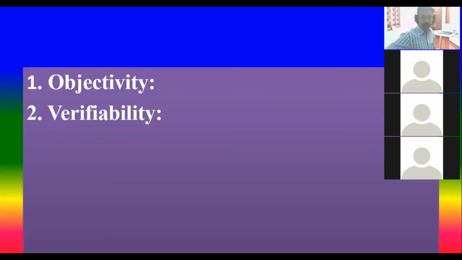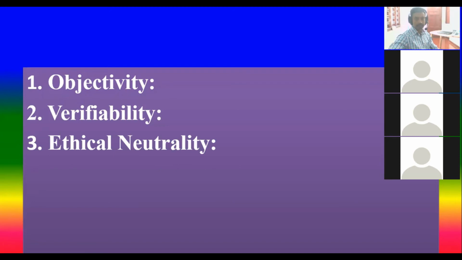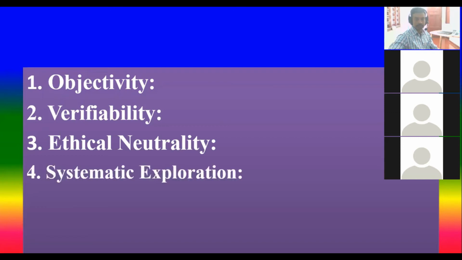We can verify everywhere, for example the boiling point of water, which means a scientific research finding we can verify everywhere. Then ethical neutrality. Ethical means the science of human duty. Then systematic exploration: systematically finding the problems and their solutions.